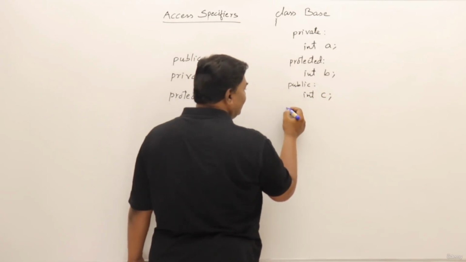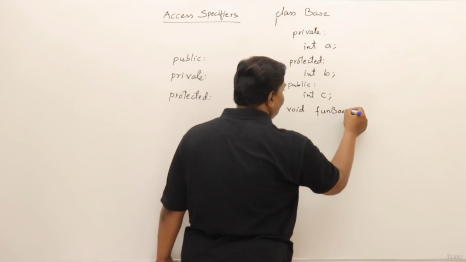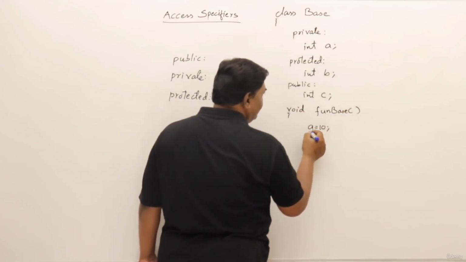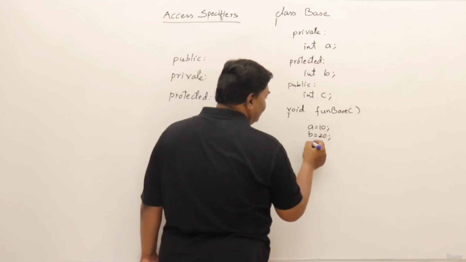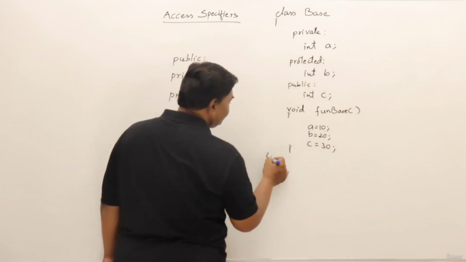Then in public only I will write one function, that is void funBase, meaning a function from base. In it, a assign 10, b assign 20, and c assign 30. I will try to assign some values, nothing else.